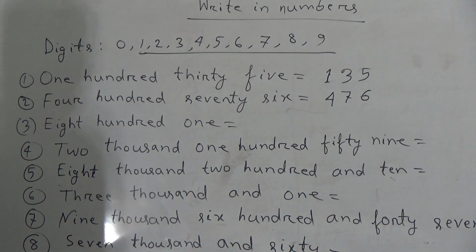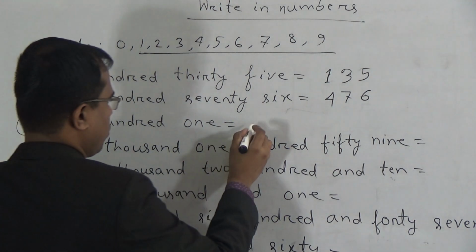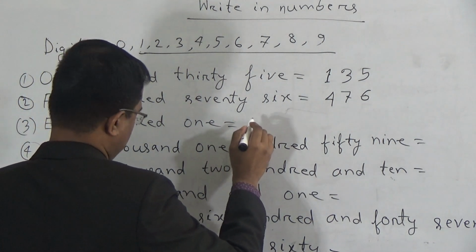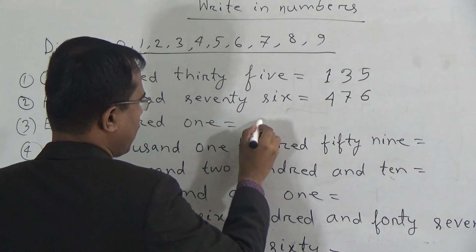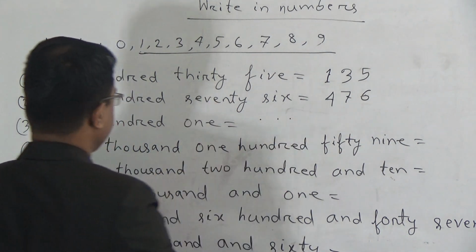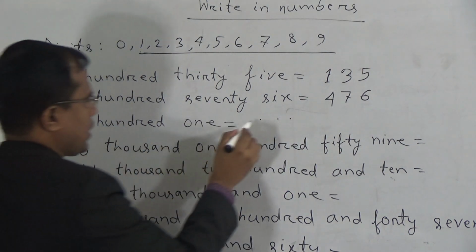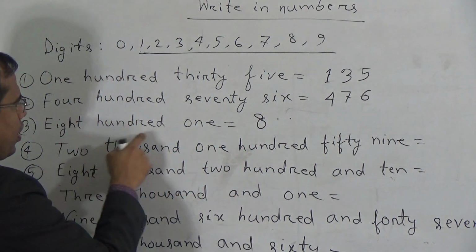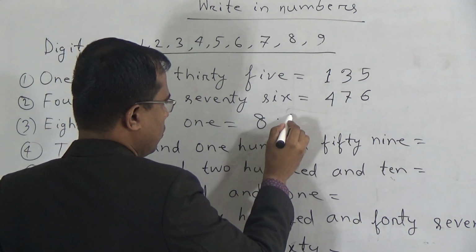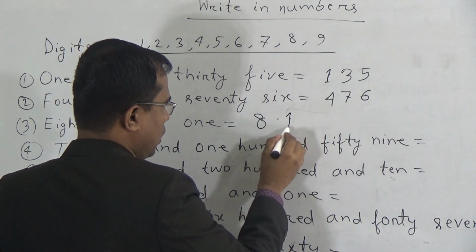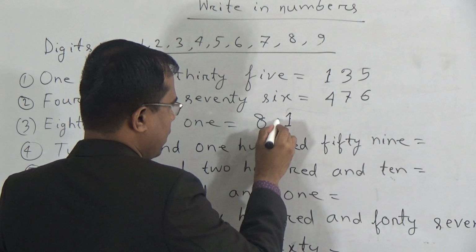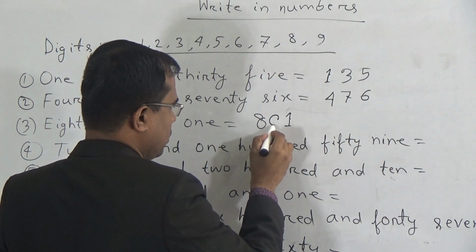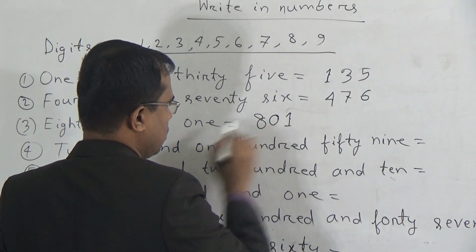Here the highest place is also hundreds, so we have to take a total of 3 places. 1, 2, 3. In hundreds place 8 will come and in ones place 1 will come. Here tens place is blank, so in tens place we have to give 0. 801.